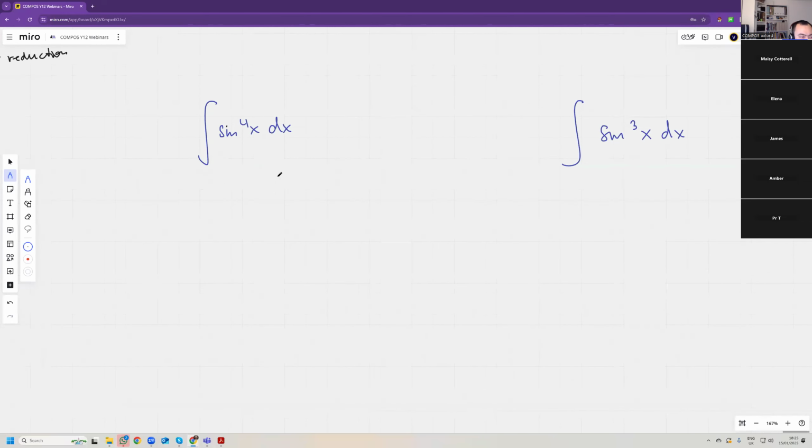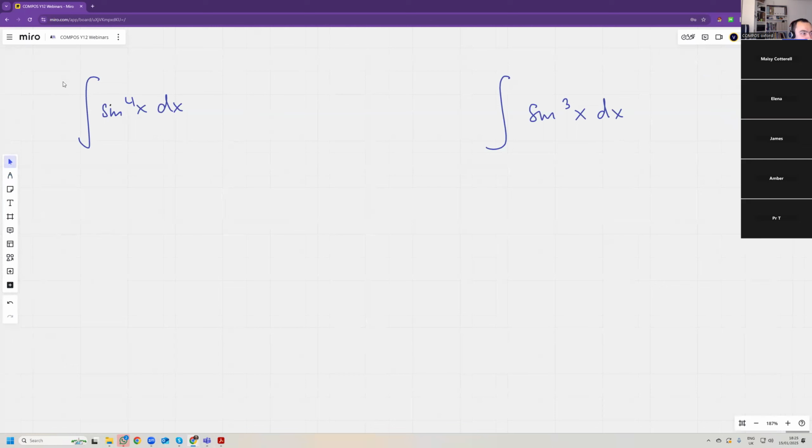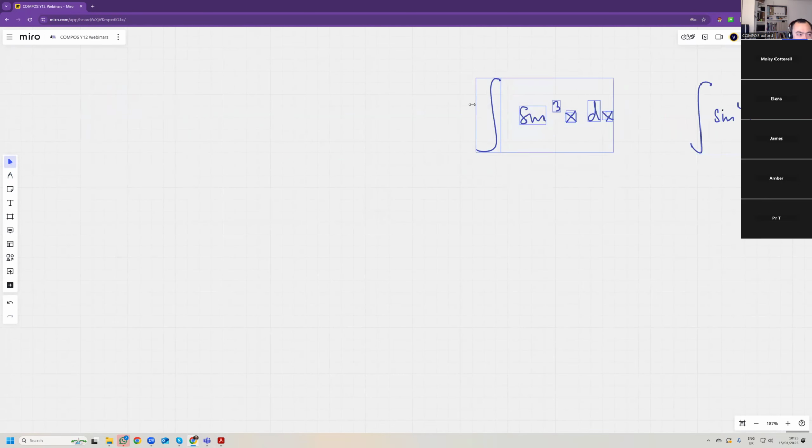Okay, I'll just do the integrals. Here, I can't really do a substitution, because if I substitute cos x, then I will have cos cubed, and I wouldn't know what to do with cos cubed. So let's do them in the opposite order. Let's do the cubed first.